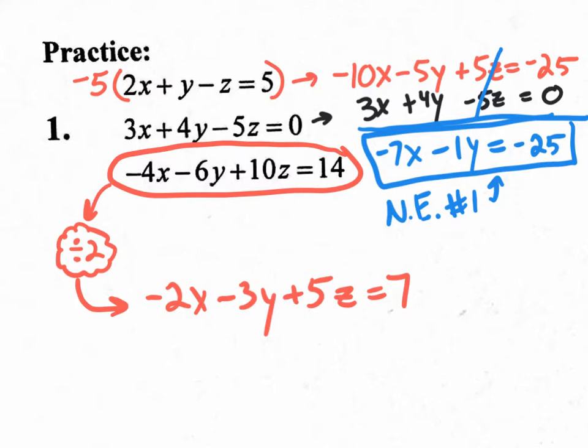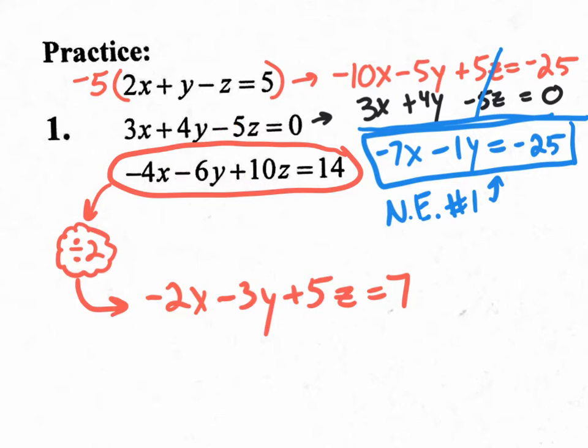So we need to use the one we have not used and any other one to get the same variable to cancel. So if we canceled the z's on the first step, I need this z to disappear. So which one am I going to use? The middle one. The middle one's ready to go, especially because we modified this bottom one.